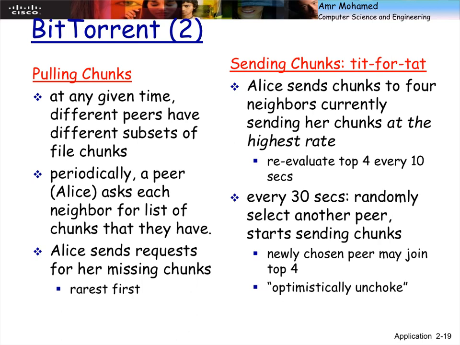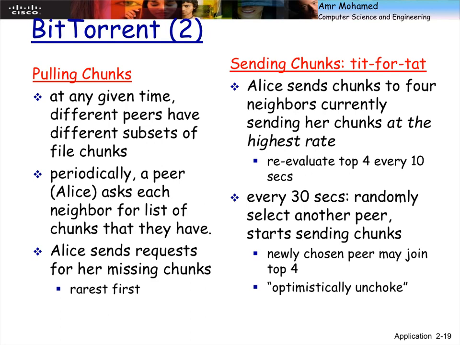BitTorrent, of course, have done a lot of experiments. This does not come sporadically, by the way. They do simulations and experiments, and they come up with a strategy that they think is good, and they can use some optimization to minimize the distribution time.